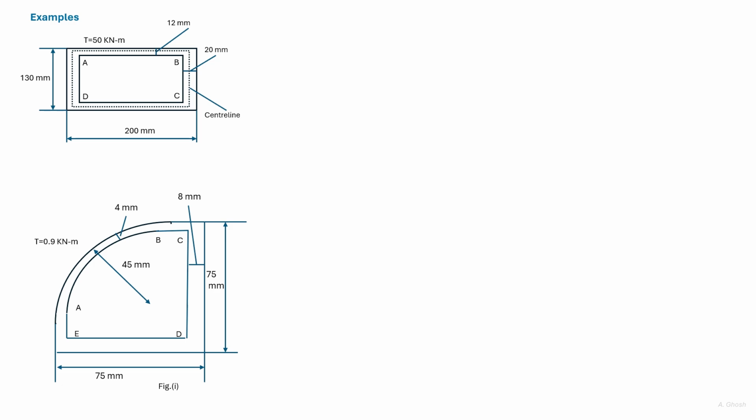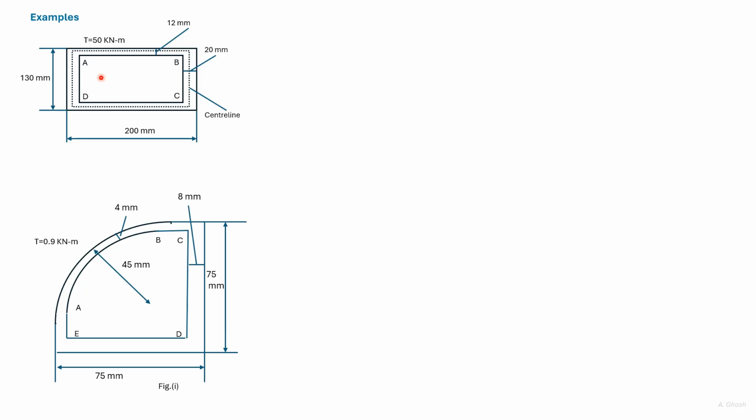We look at two examples involving thin-walled hollow members. In this example, the thin-walled hollow member is in the form of a rectangle. The width of the vertical sides and the horizontal side differ. We are given the torque that is applied and we are required to find out the stresses.